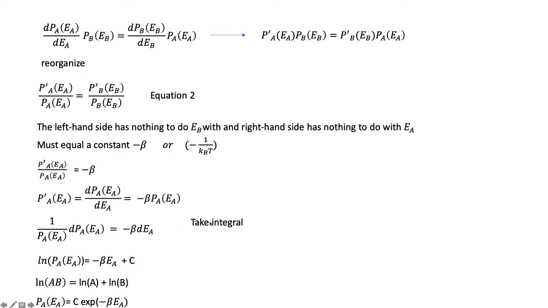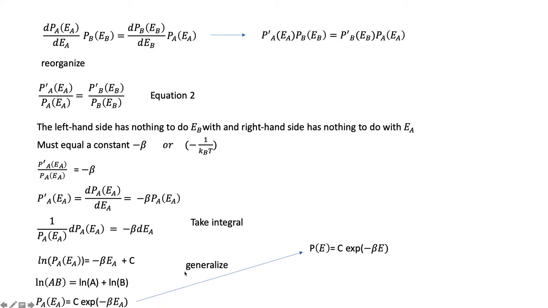And now we take the integral of this. This becomes ln of P_A(EA) equals negative beta EA plus C. And because we know that ln(AB) equals ln A plus ln B, when we take e to the power of ln equals e to the power of this, we can actually bring the constant to the front, so it becomes C times the exponential of negative beta EA.